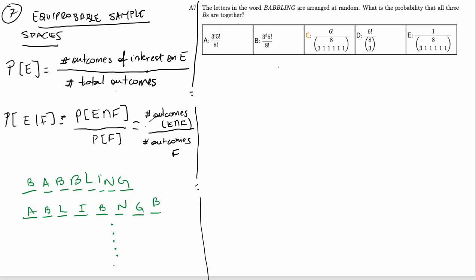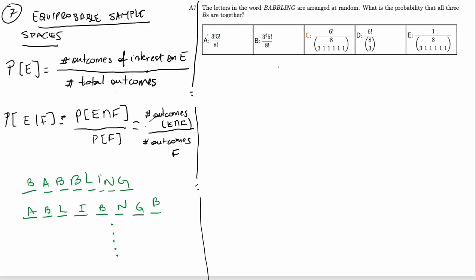So you will hit the shuffle button, and the question is this: what is the probability that all 3 B's are together? Okay? So again, you're reading the exercise. You're not given any probability. You're asked to calculate a probability, right? Usually this will be in an equiprobable sample space.